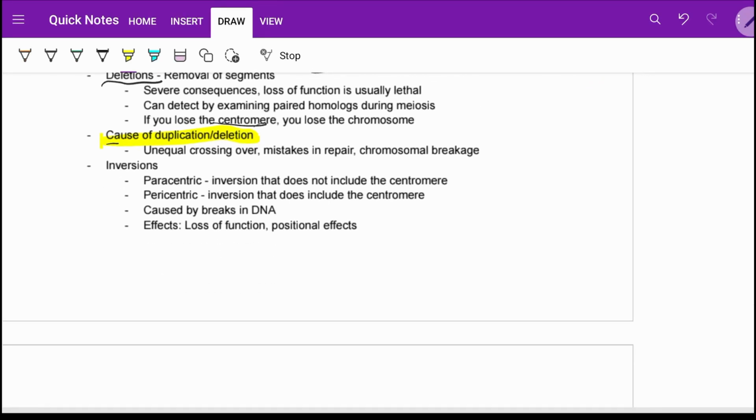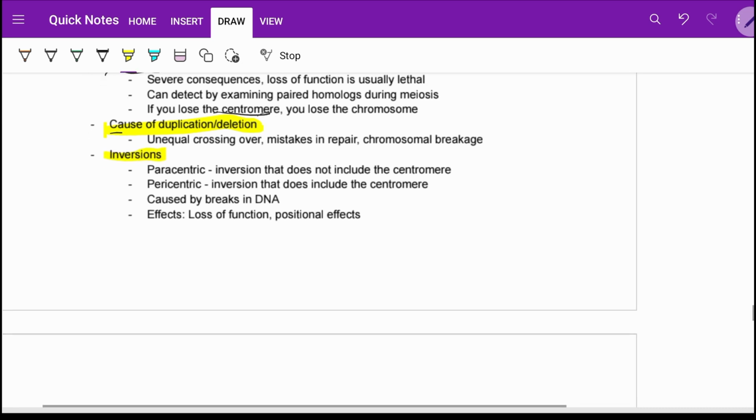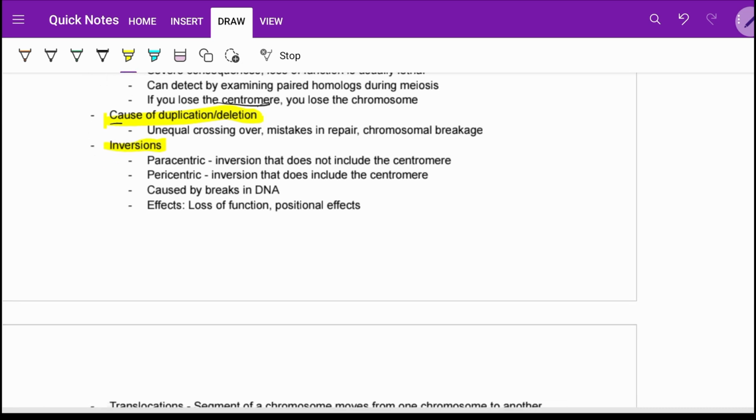We also have inversions. There are a few types of inversions. We have paracentric, which is an inversion that does not include the centromere, and pericentric, which is an inversion that does include the centromere. So, if we had a chromosome here, the centromere here, and let's just say for the purposes of this, that this side is orange and this side is green.